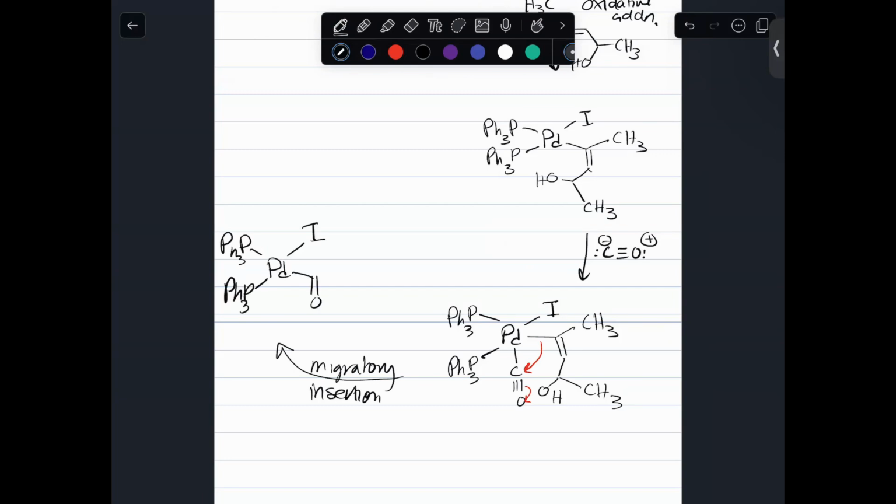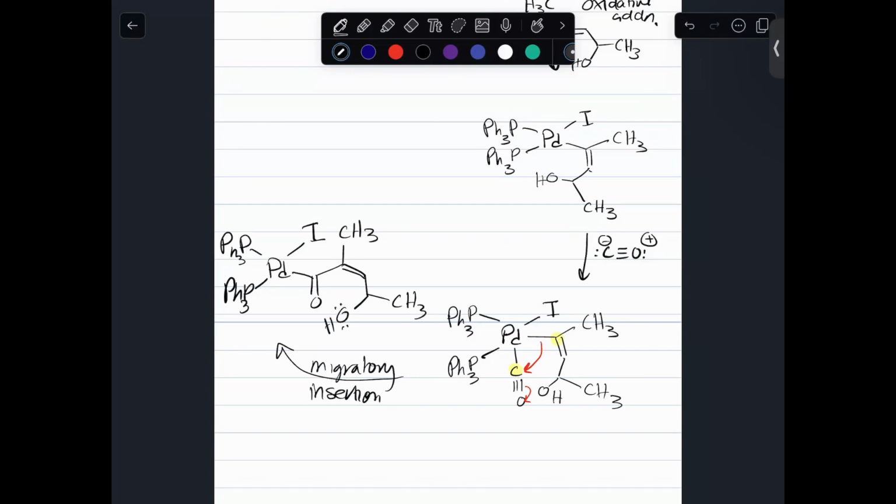So now I've got my carbonyl, and my carbonyl is now bonded to my vinyl carbon. I've got my nucleophile.